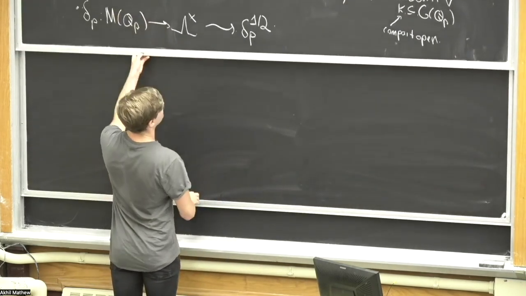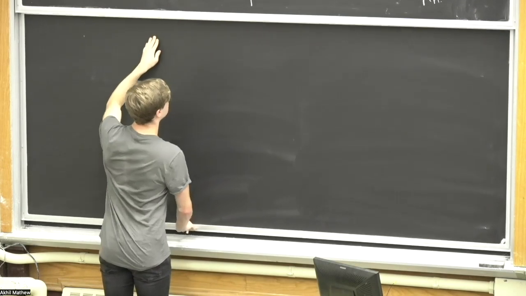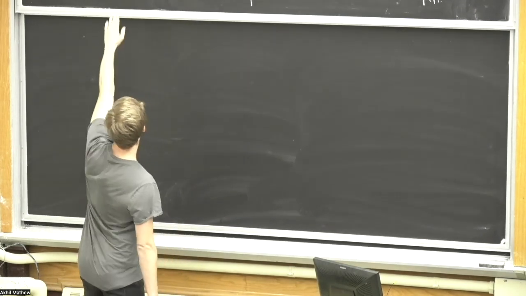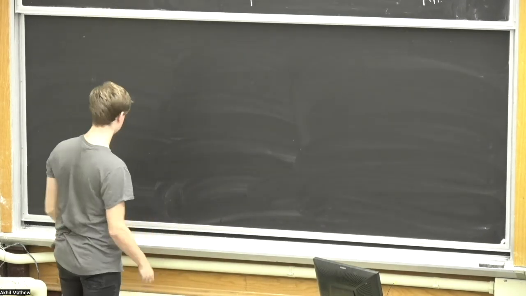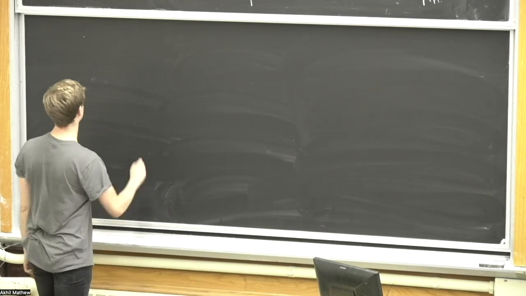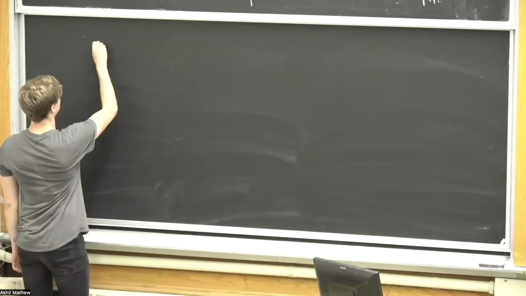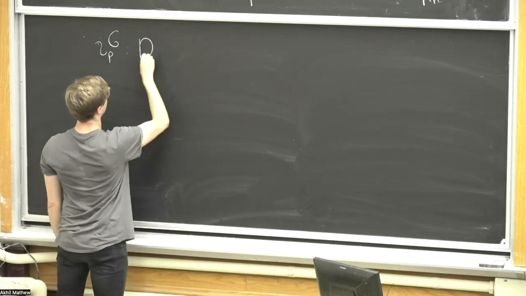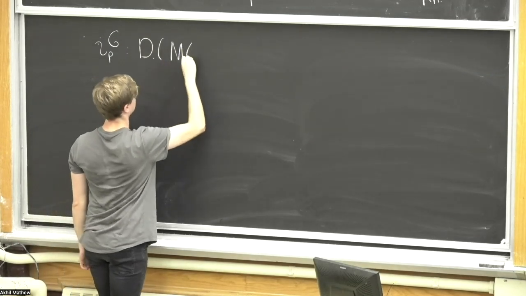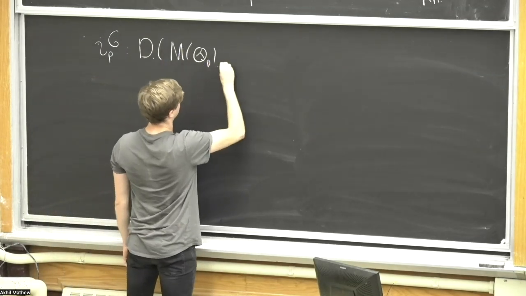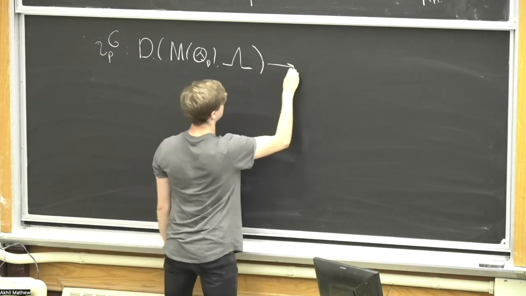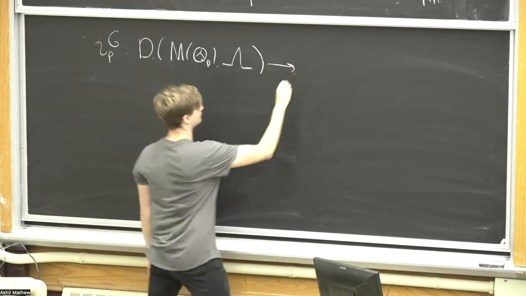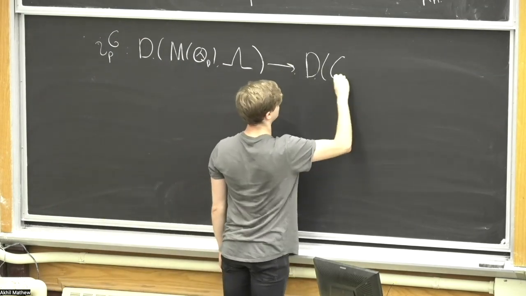So we want to have this tool for building representations from smaller Levi subgroups. And in this context, that's given by the operation of parabolic induction. In particular, we have a functor from smooth representations of the Levi to smooth representations of the group.